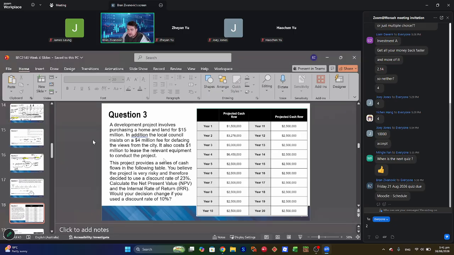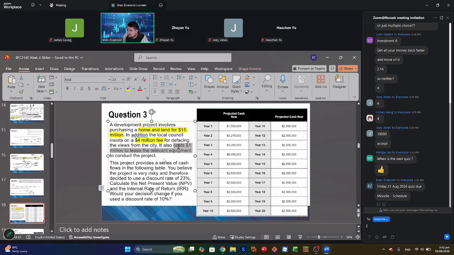Alright, let's have a look at question 3. Did anyone have a go at this? And I might even do it in a spreadsheet. If we have a look at what this is, the development project involves purchasing a home and land for 15 million. The local council wants a 4 million fee, and there is a 1 million lease of the equipment.